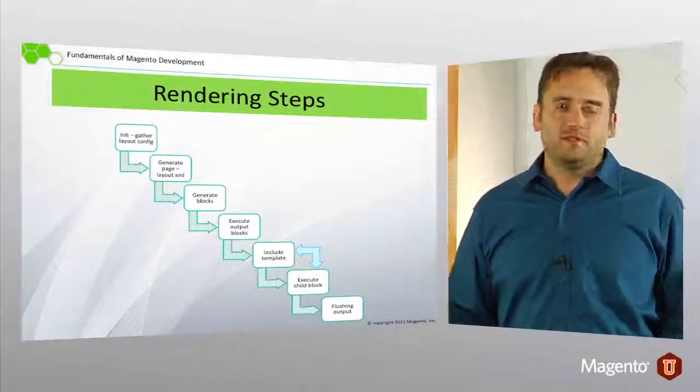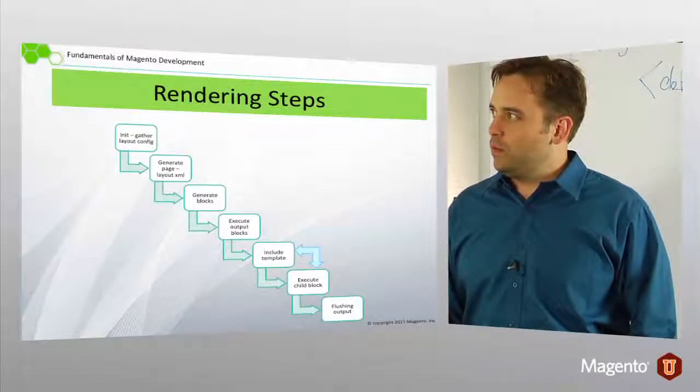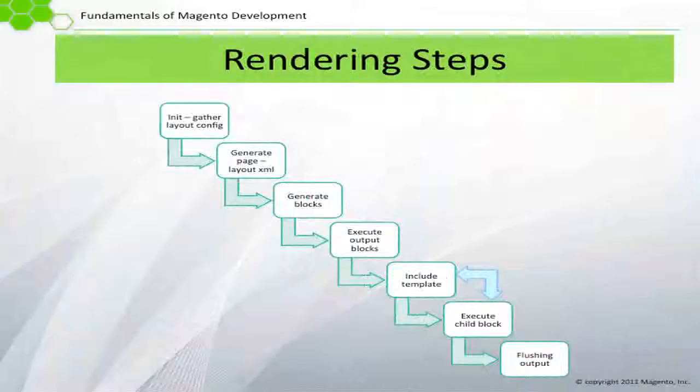We just saw this, okay? In the course of processing a request, we have to access the layout object to get our layout involved in the request, okay? And then we have to call render layout to get the blocks rendered.